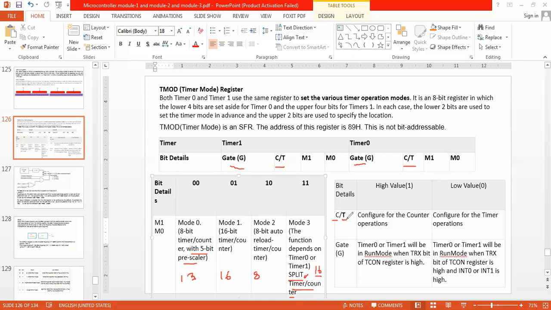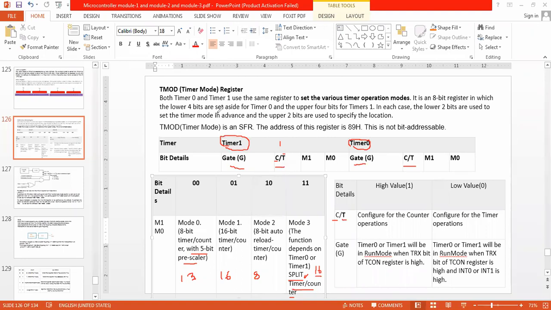Now, whenever C by T bar is 1, we are using T0 or T1 as a counter, and the external clock frequency is used.